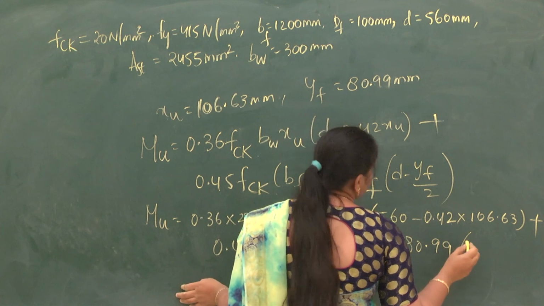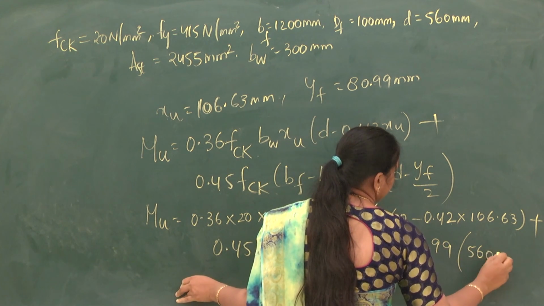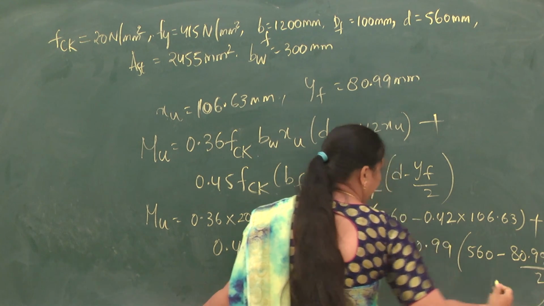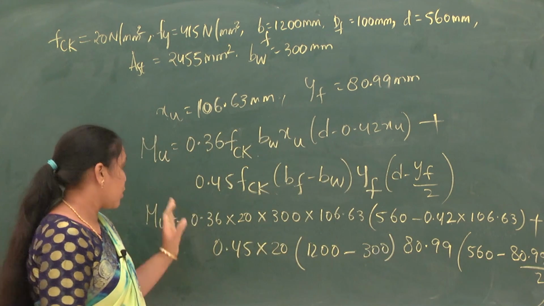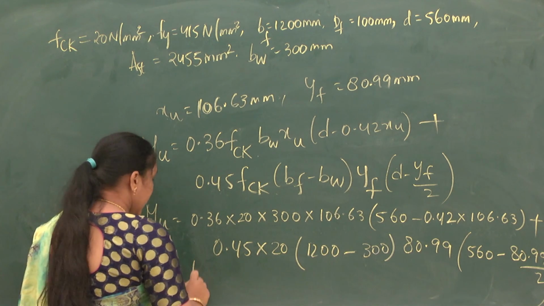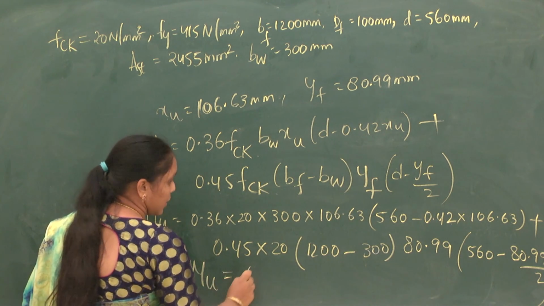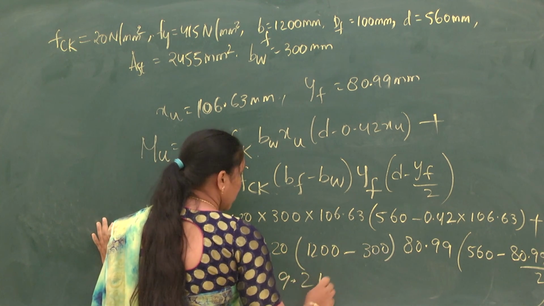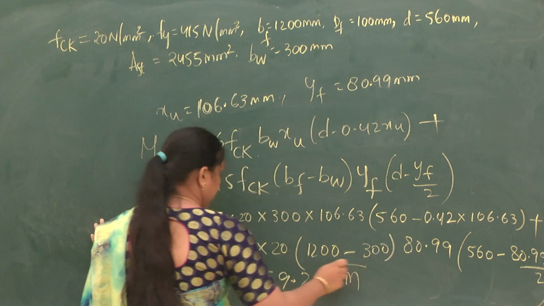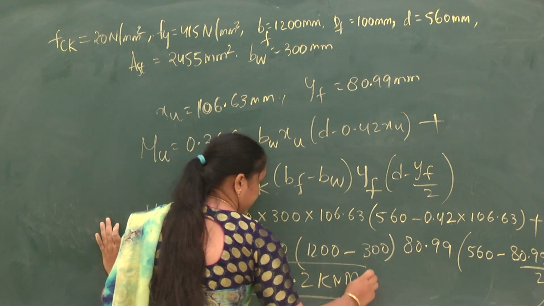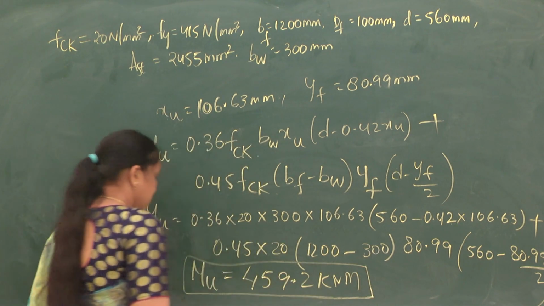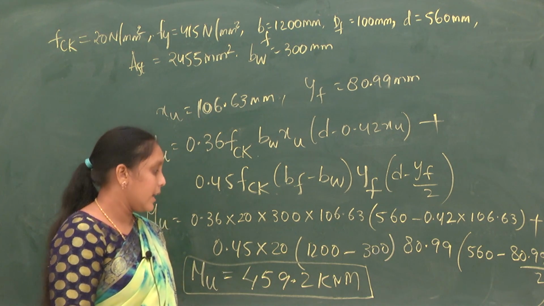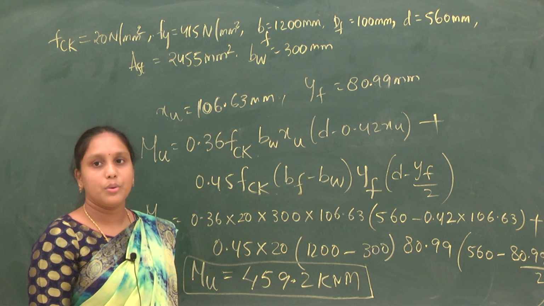What is the value of d here? d here is 560 minus 80.99 divided by 2. If you calculate this, you will get a value of Mu equal to 459.2 kilonewton meter. So the moment of resistance for that particular section is 459.2 kilonewton meter.